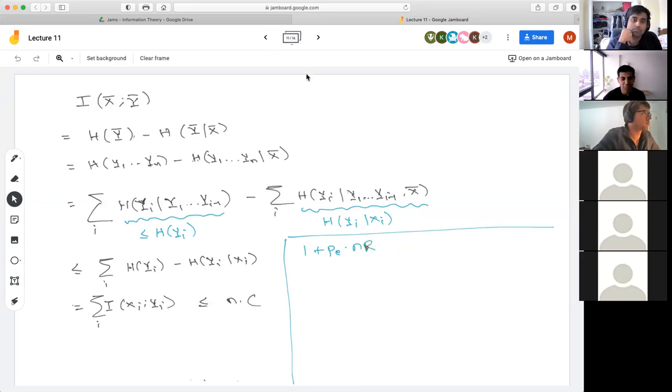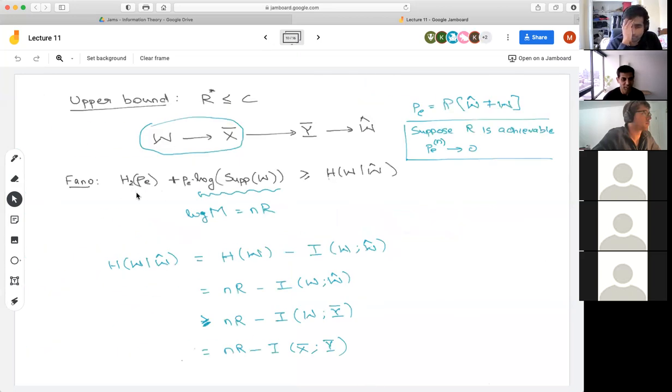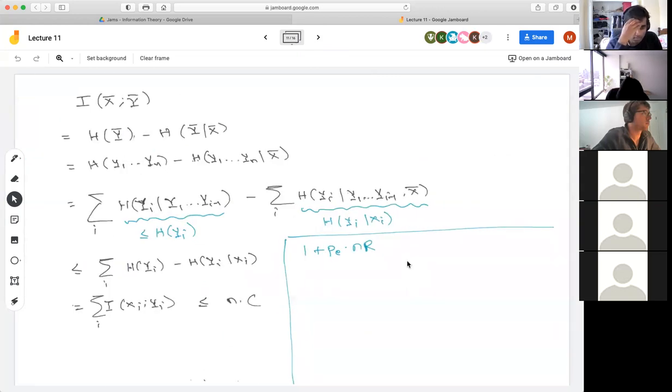This is just based on what we had on the previous page, where I'm writing 1 for the binary entropy, for a set of messages of size 2 to the nR. And this is greater than or equal to nR minus n times C. Or if we rearrange things a little bit, we get that R times 1 minus P sub e is less than or equal to C plus 1 over n.